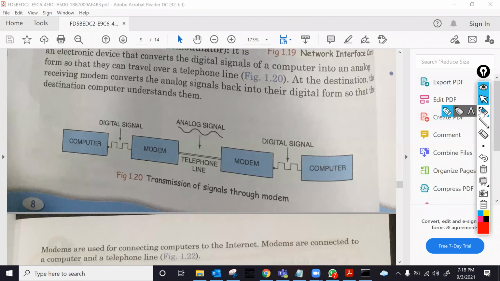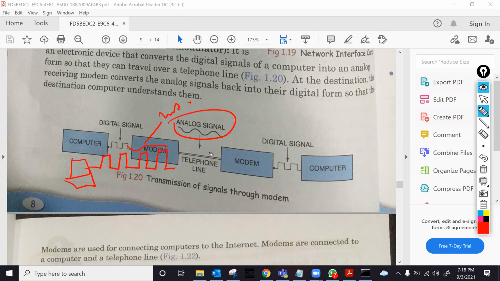Here you can understand this. Here is a computer. A computer generates digital signal, ones and zeros, right? But when it's going across the modem, the digital signal is converted to the analog signal, because the telephone line can only understand analog signal.